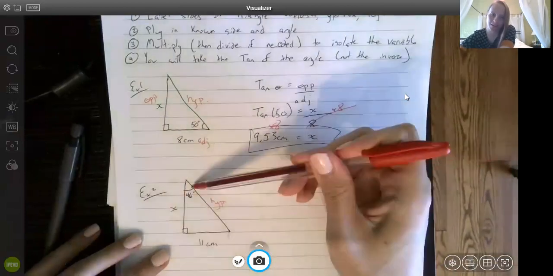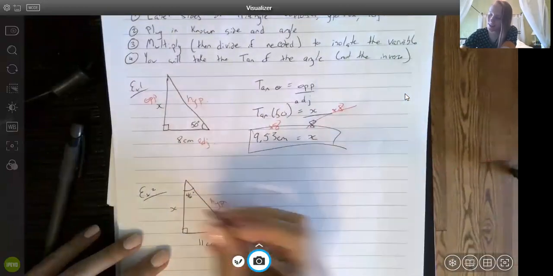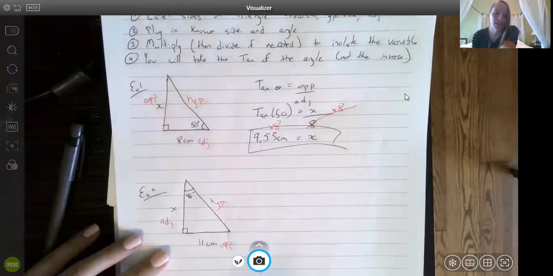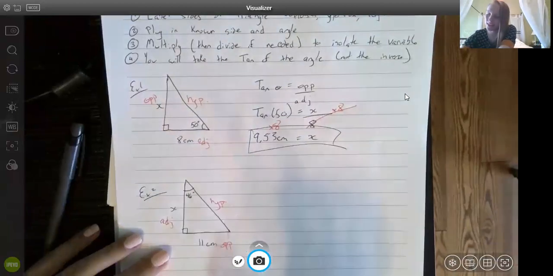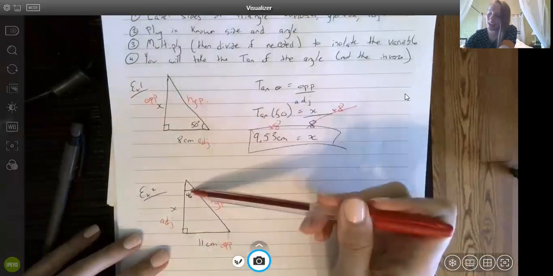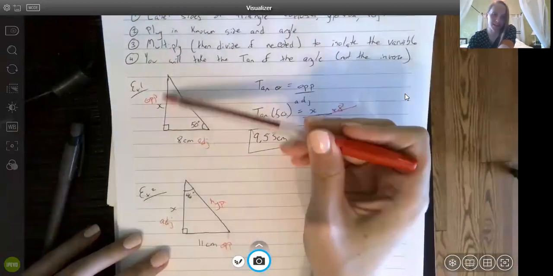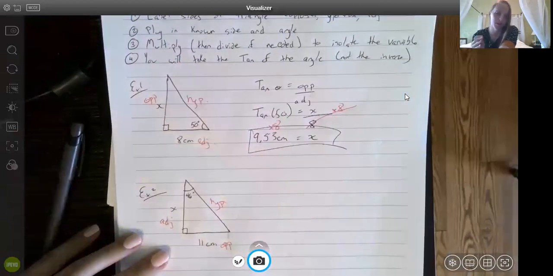Across from the angle that I'm dealing with is my opposite side, and then the other side is the adjacent. So you can see, depending on where in the triangle the angle I'm dealing with is, that's going to affect how I label my sides. My opposite side is now at the bottom. Previously, it was on the side. Okay, so that's why it's really important to start by labeling our sides.